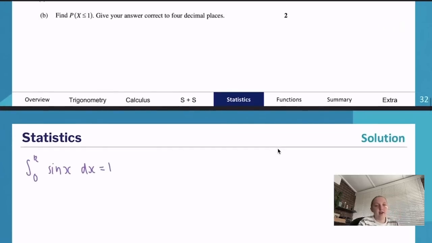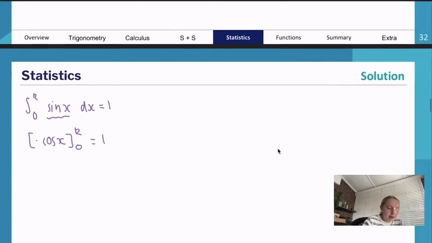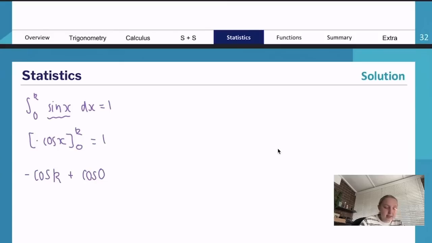Then our pretty simple integration: the integral of sine x is negative cos x, between k and 0, is equal to 1. Then we just do how we would for any other integration. Cos 0. The reason that this is plus is because we've got a negative here and then we're minusing the second term, so we change that to a plus.